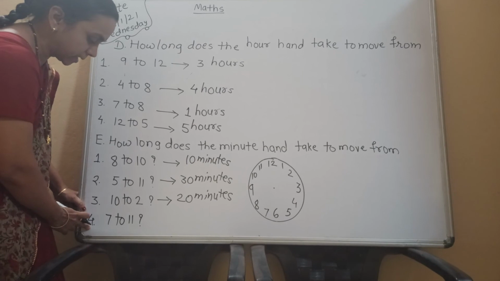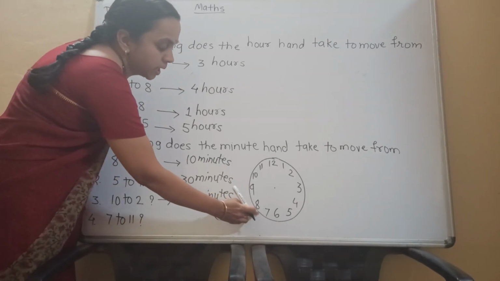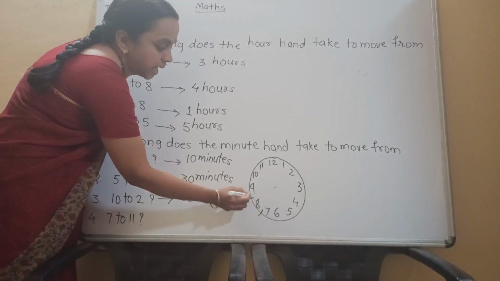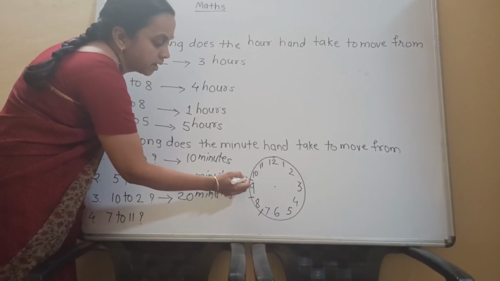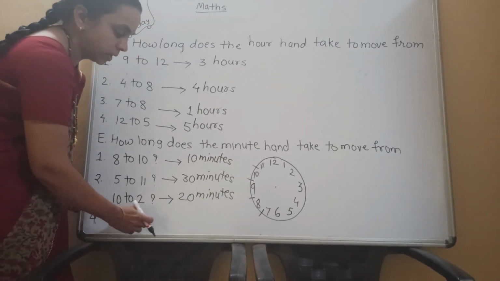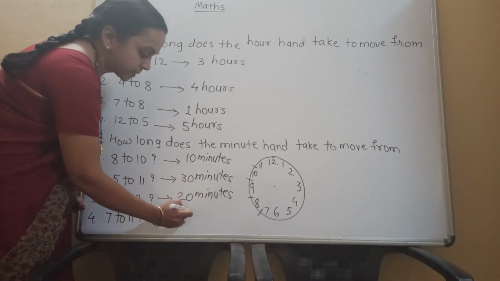Now see fourth example, 7 to 11. 7 to 8, 5 minutes. 5 plus 5, 10 plus 5, 15. 15 plus 5, 20. So 7 to 11 how many minutes? 20 minutes.